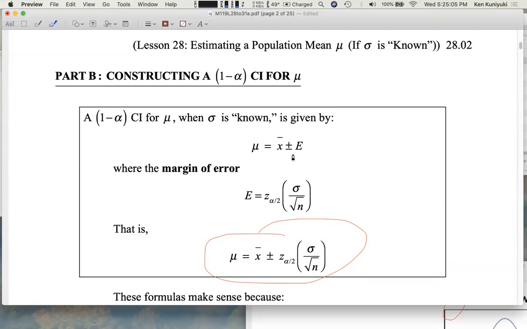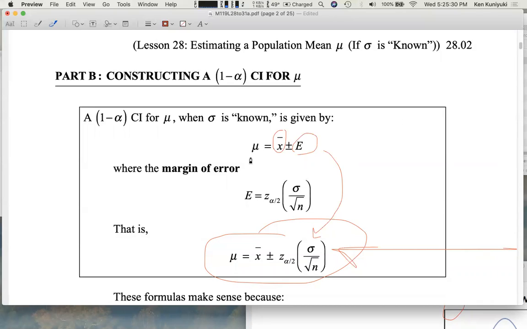Give or take E, this margin of error, which is given by this formula over here. Now, of course, this formula here, if I were to just throw this at you, you might freak out. It might be easier to look at it this way. Again, our confidence interval for mu, the population mean, is centered at the sample mean, x bar.